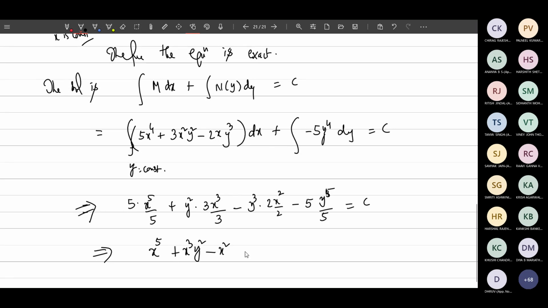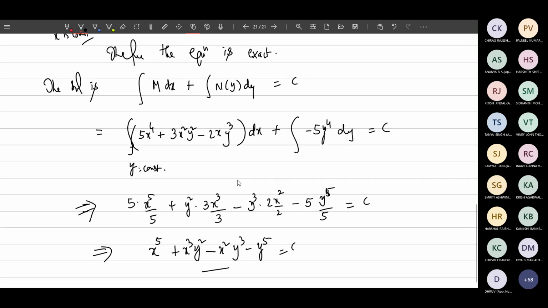Sir, if both the partial derivatives are not equal, what should we do then? Then the equation is not exact, and sometimes it is possible to reduce it to exact. The next methods, I'll come to that point. Okay, sir. Good question.